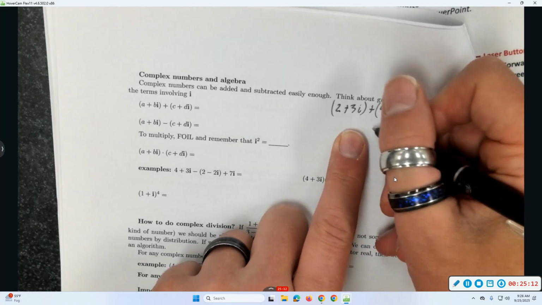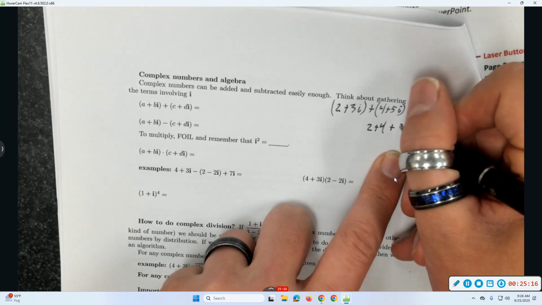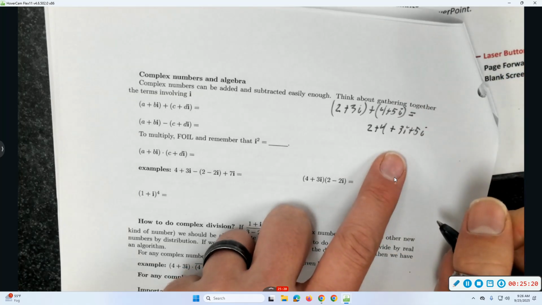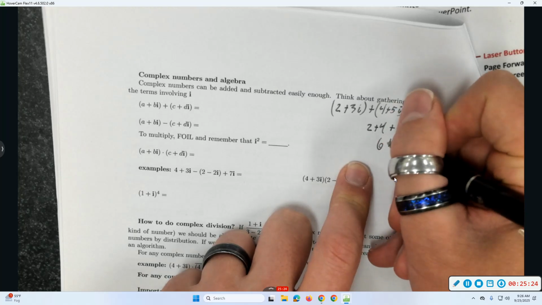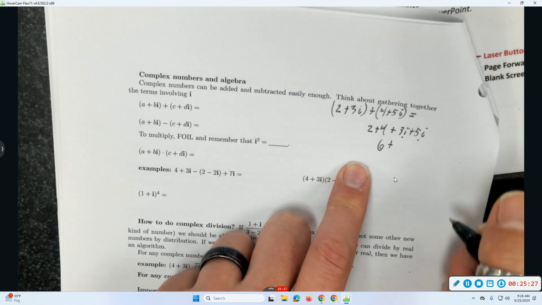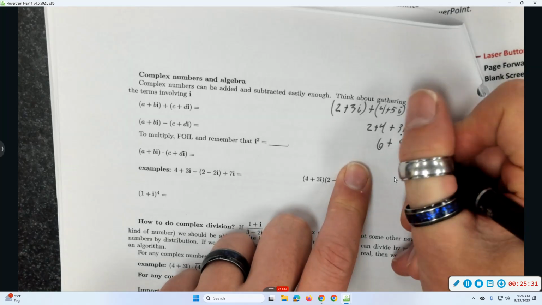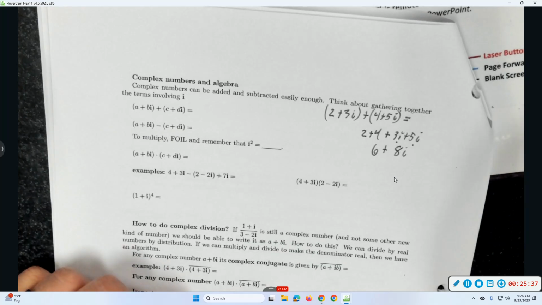So let's do that. You want to add these things together? Well, I would want this to be 2 plus 4 plus 3i plus 5i. So far so good. 2 plus 4 is 6. If I have 3 i's and I add 5 more i's, how many i's does that total? 8i. Cool, so you add by just following your nose. Do the intuitive thing. For subtraction, same.